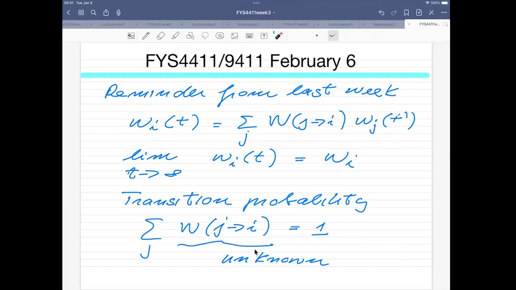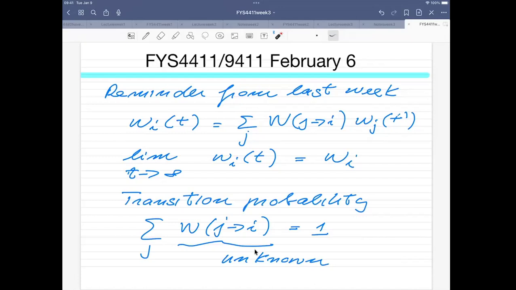And the transition probability, or the probability of making a transition from a state j to a state i, here we are summing over all the possible states the system can be in, because ending up in this specific state i depends on all the probabilities of the states which the system can reach at the previous time step.